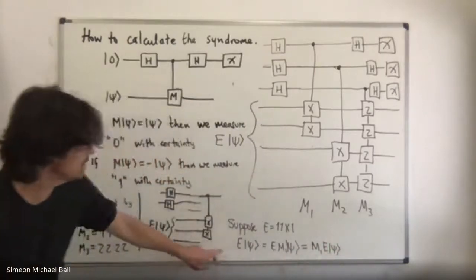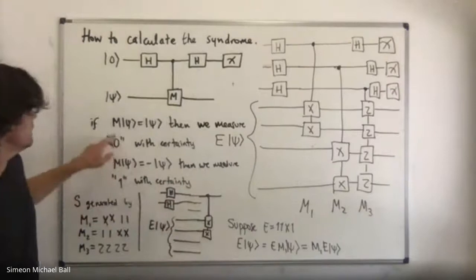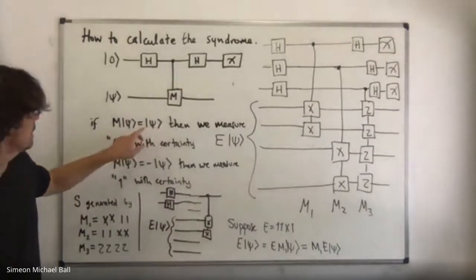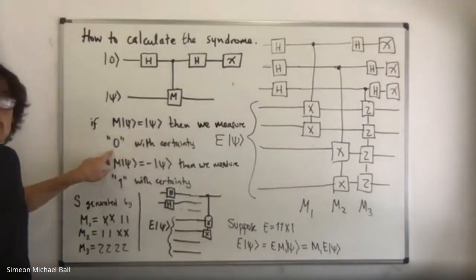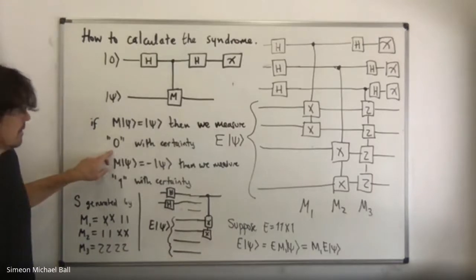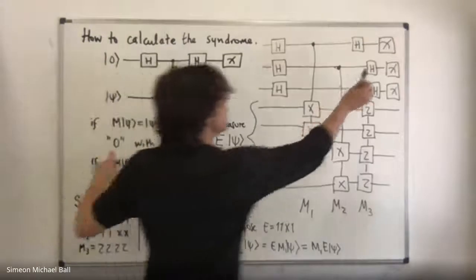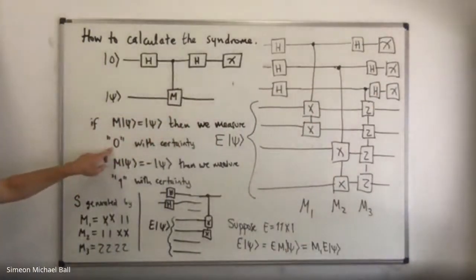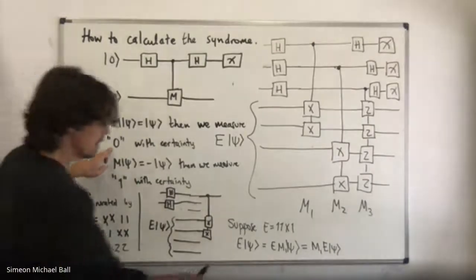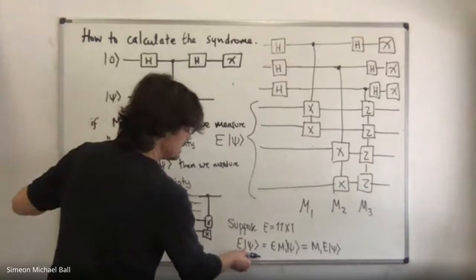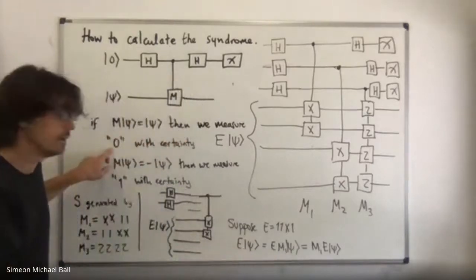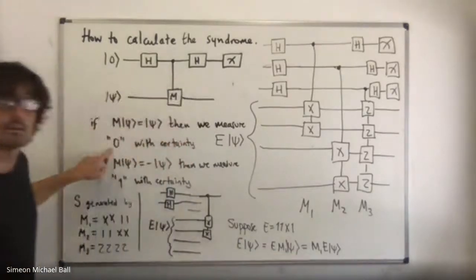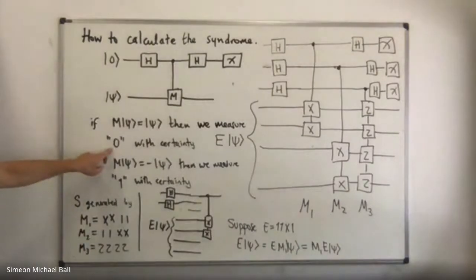So in this case, we will measure zero with certainty. Okay, so when we look at this register, we will see a zero, because E psi is an eigenvector of eigenvalue 1 of M1, even though it's been an error, because it commutes with the M.